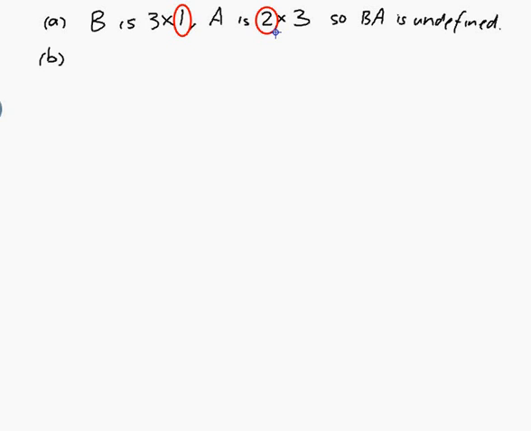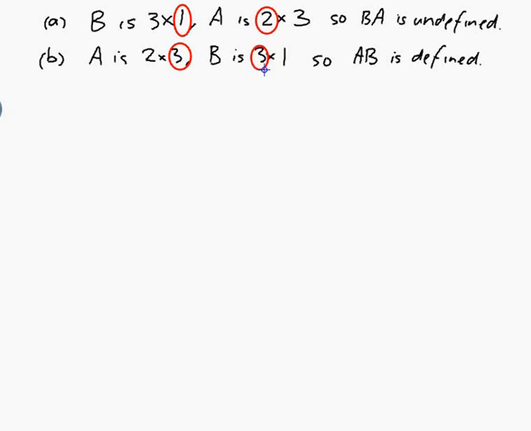Alright, let's do B now. I had to do A times B. So A is 2 by 3 and B is 3 by 1. So let's see this time. Yep, the two middle numbers are the same this time. So AB is defined. Well, it says to calculate them if they're defined, so let's calculate it.